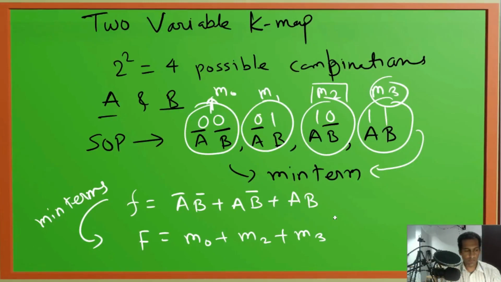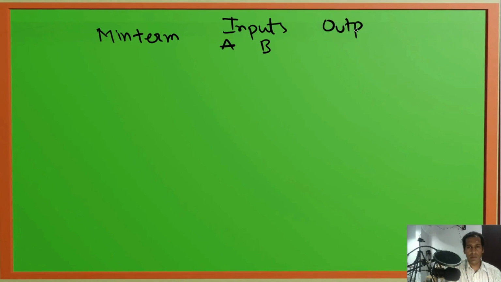In tabular form, if we represent the same thing, we can draw it like this: min term, and we have inputs. We have two inputs, A and B, and we may have some output, say F. So min terms may be 0, 1, 2, 3.